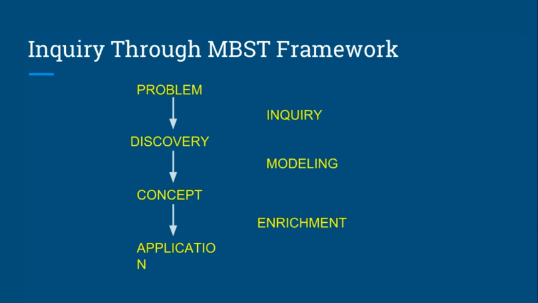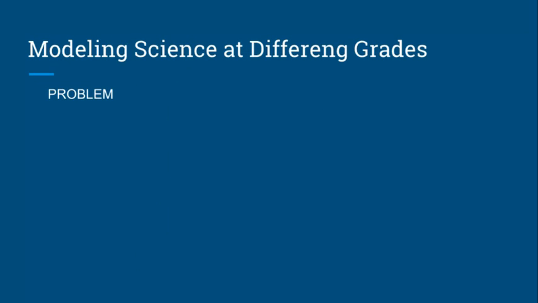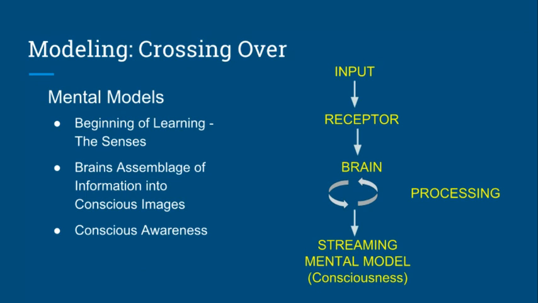But let me go a little bit more on this idea of modeling. You look at things like mental models, and it goes back to what I was just talking about. You see that observation. Remember, we saw something that was a problem.